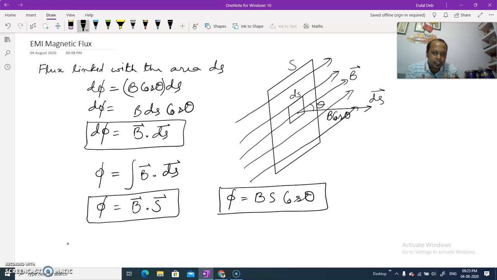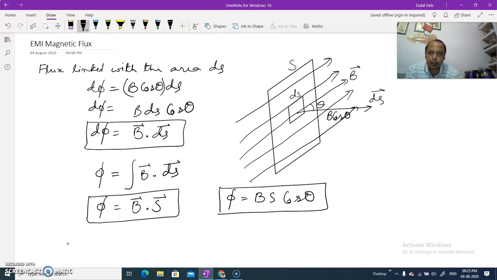That means this value of magnetic flux is actually proportional to the number of magnetic lines of force which pass perpendicularly through the surface, right? So if these represent the magnetic lines of force which pass perpendicularly through the surface, then the flux linked with the surface is given by this formula, BS cos theta. I hope this is very clear to you.